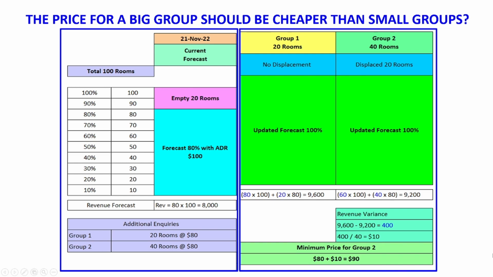So the minimum price for group 2, the big group, if we take it, the rate must be $90, not $80. This means the big group's rate should be more than the small group's in this scenario. So again, it's not always the case that the big group should be cheaper than the small group.